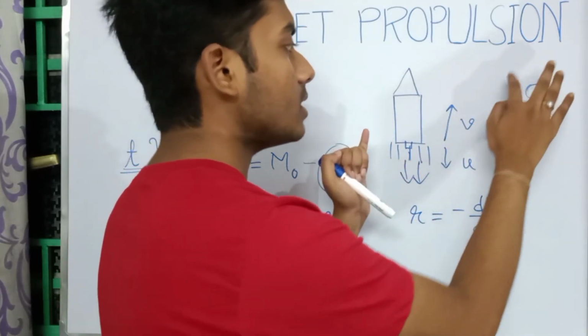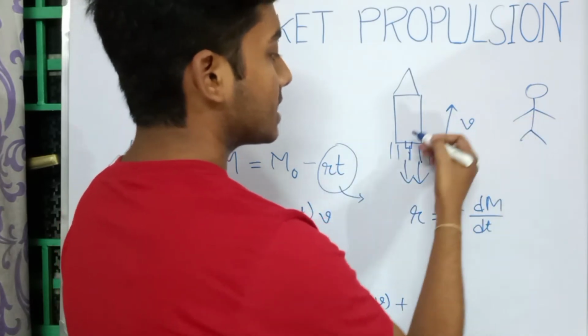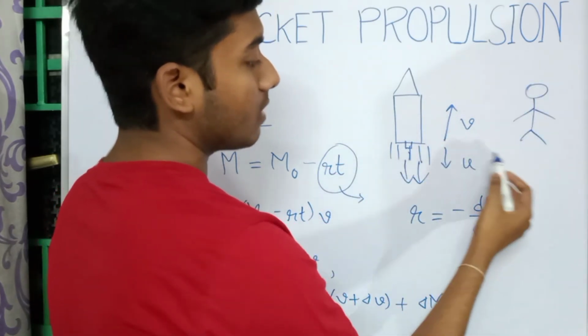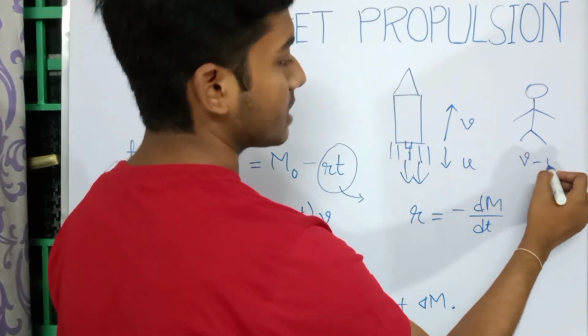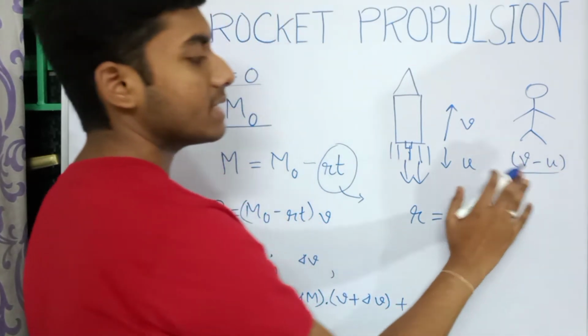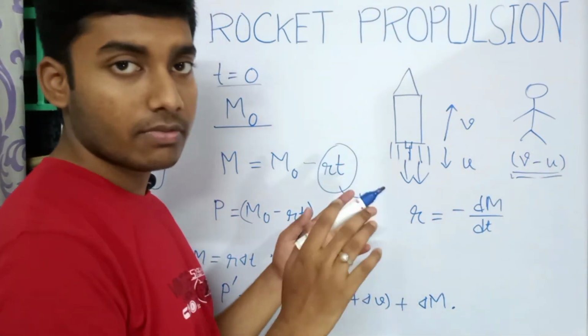So to this static observer the velocity of the ejecting gas will be simply v minus u. You can easily understand this from the basics of vectors.